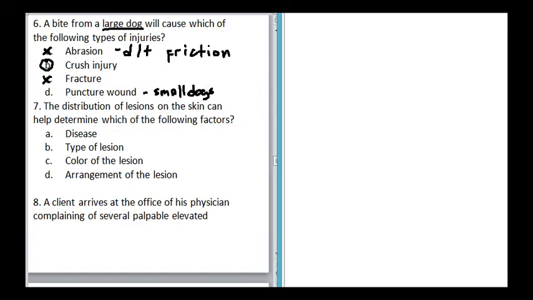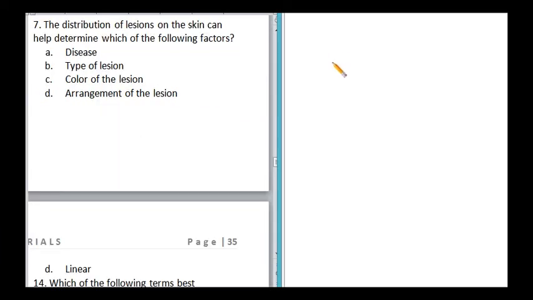Next, number 7. The distribution of lesions on the skin can help determine which of the following factors: A. Disease. B. Type of lesion. C. Color of the lesion. Or D. Arrangement of the lesion. The answer here is letter A. Why?